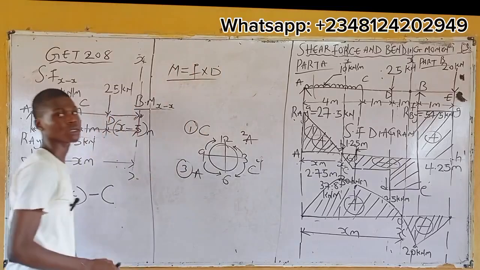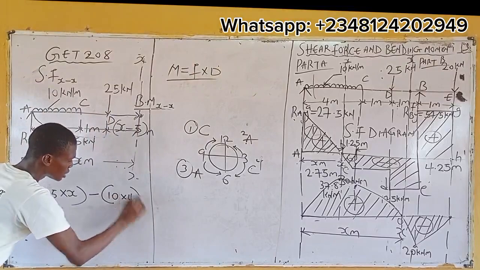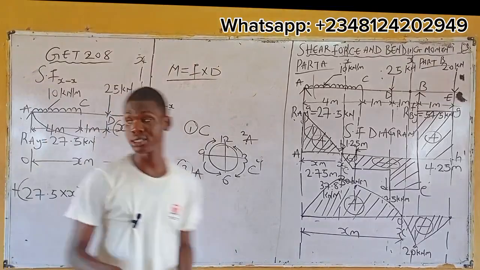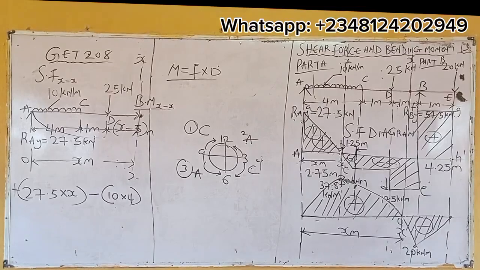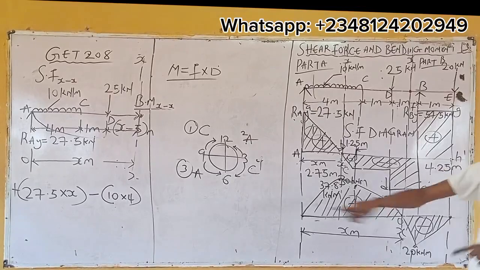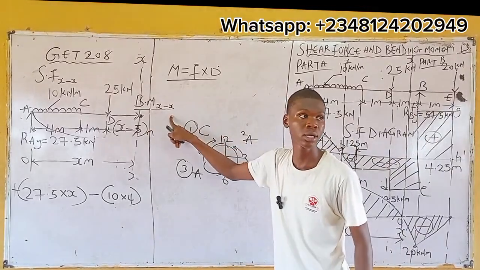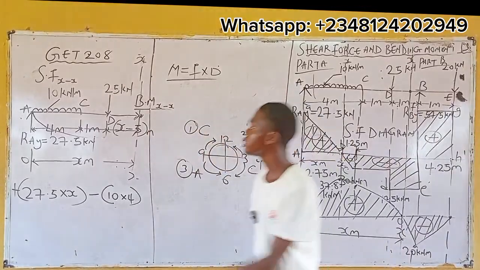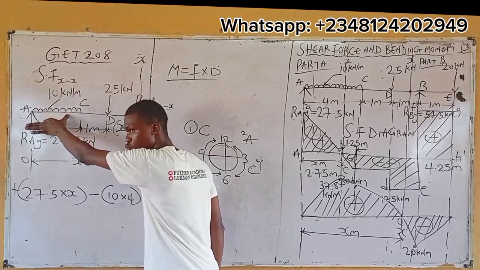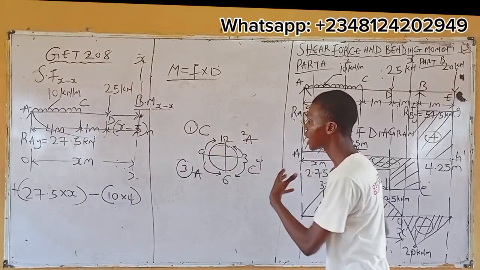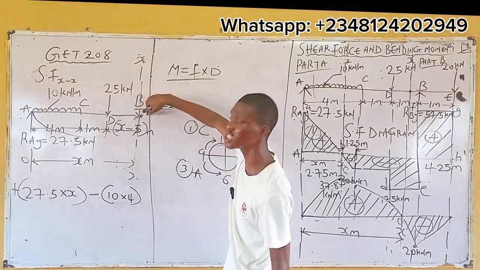Now, what is the force? 40. How do you get 40? 10 times 4. Now, the distance. Don't forget, you are taking moment about this point. What is the distance of this UDL itself? 2. When taking moment, am I going to consider just 2? No. Why? Because I'm going to this point.